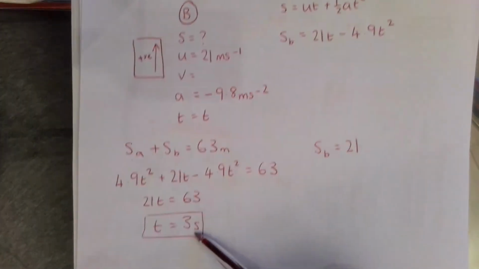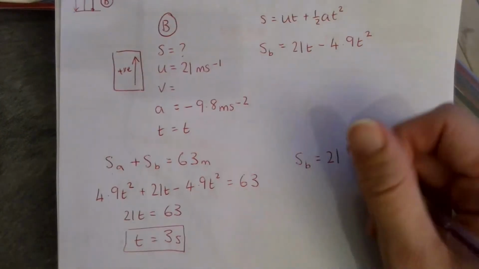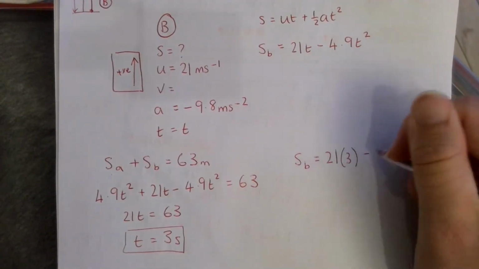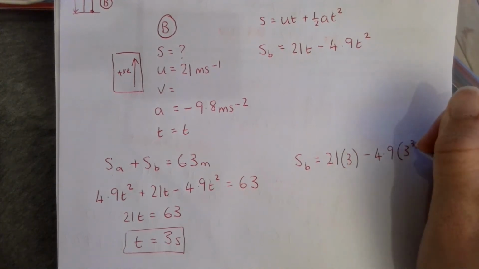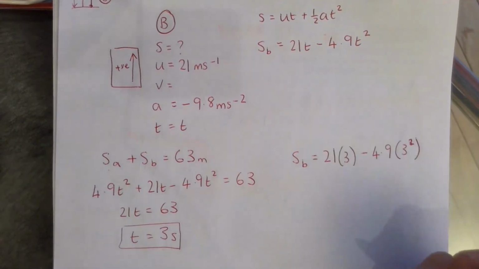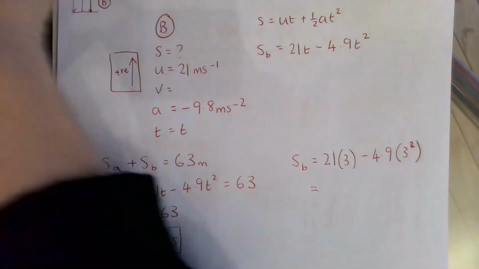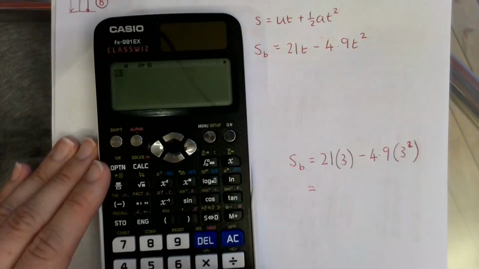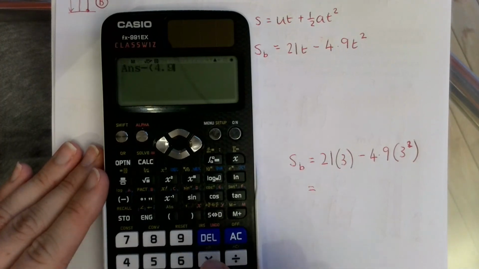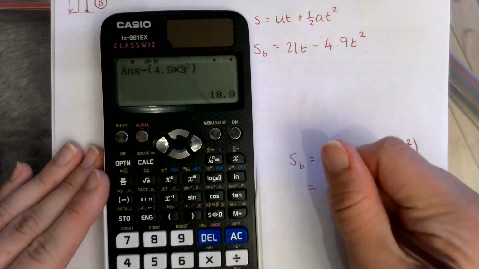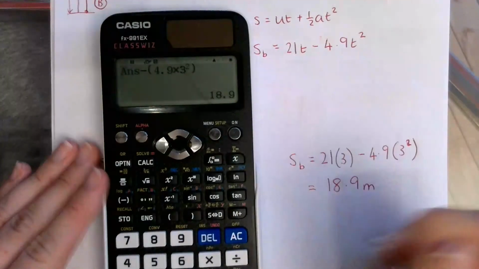Well, we know that t is equal to 3 seconds when the balls hit each other, minus 4.9 t squared. So 3 squared there. So the displacement of B is 21 times 3, minus 4.9 times 3 squared, which is 18.9 meters.